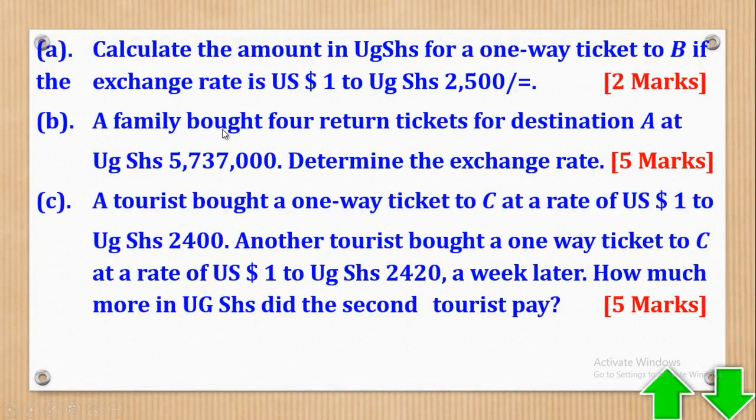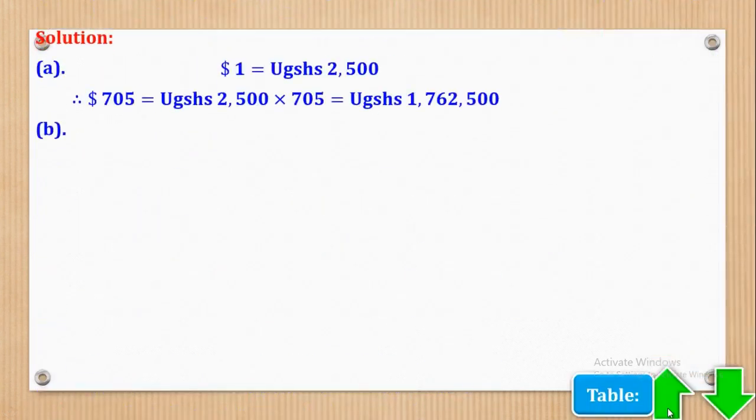So part B says that a family bought 4 return tickets for destination A at Uganda shillings 5,737,000. Determine the exchange rate. So 4 return tickets for destination A. Now we shall come here to our table.